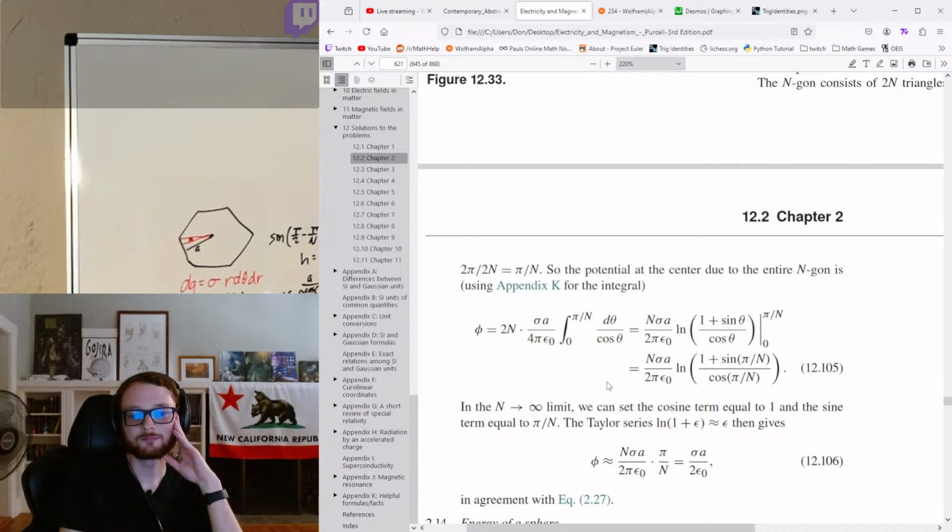As n approaches infinity. Oh, they're doing sine of x approximates x for that thing right there.